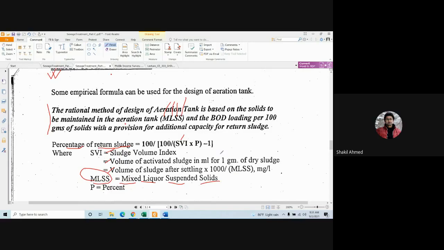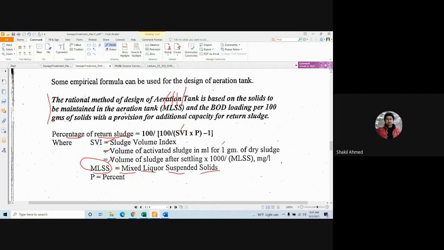That means SVI is actually the volume of the sludge, how much sludge?